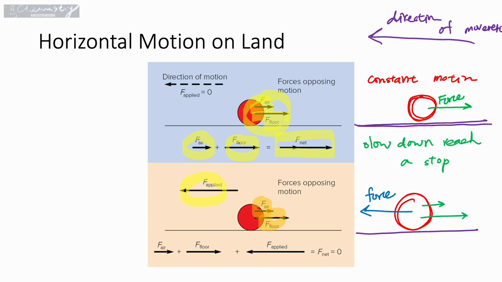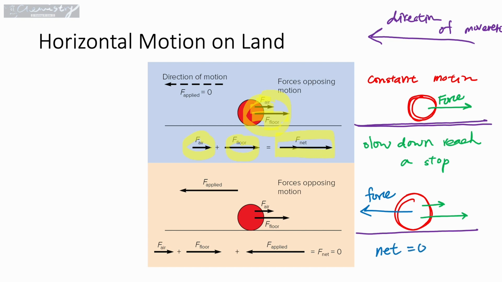So in this particular case, we can see that the air resistance plus the floor friction is going to cancel out with the force that we applied to it. So you can see that they cancel out. So the net force is going to be 0.